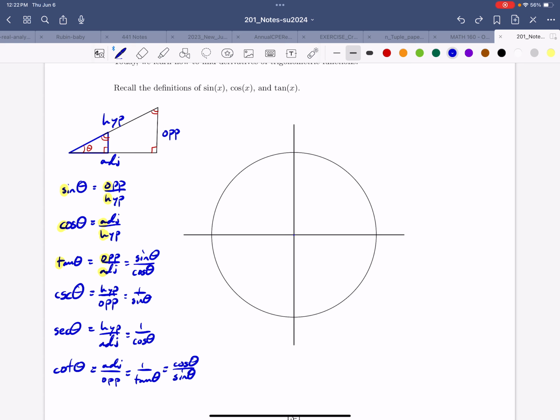Which in this case is a circle with radius 1. Okay? So in that case, what's the circumference of a circle with radius 1? It winds up being 2 pi, right? The circumference of a circle is 2 pi r, if r equals 1, the circumference is just 2 pi. So for that reason, we see that 360 degrees equals 2 pi radians.